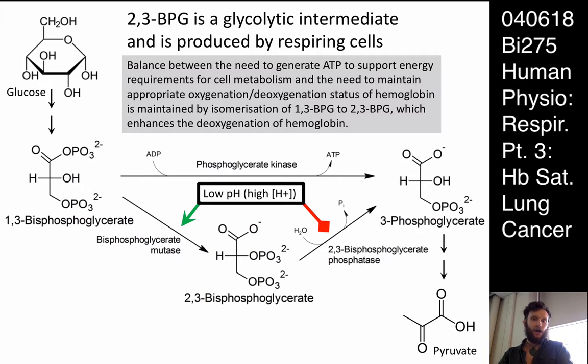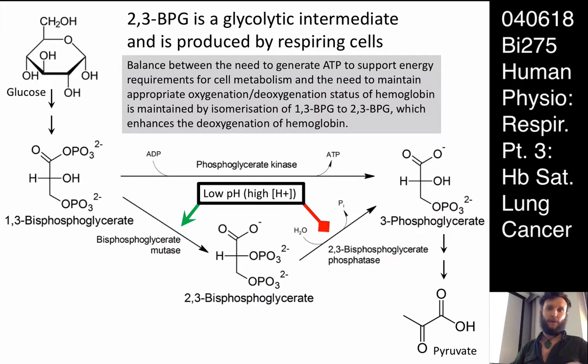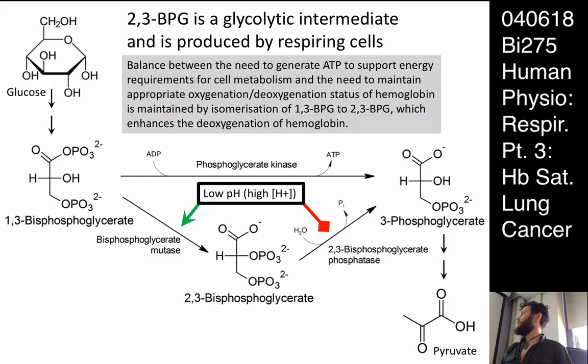So if the cell has a low pH, that is a high hydrogen ion concentration, then bisphosphoglycerate mutase is upregulated, or I should say potentiated. It becomes more active. And this enzyme, the 2,3-bisphosphoglycerate phosphatase, is inhibited.